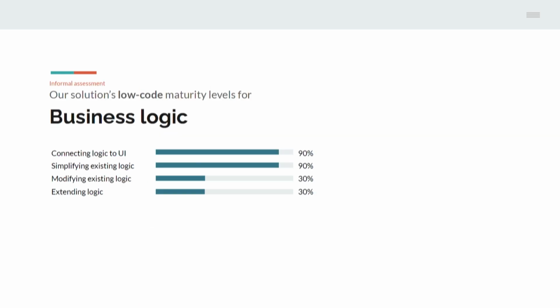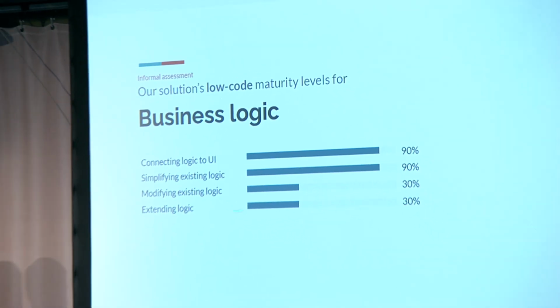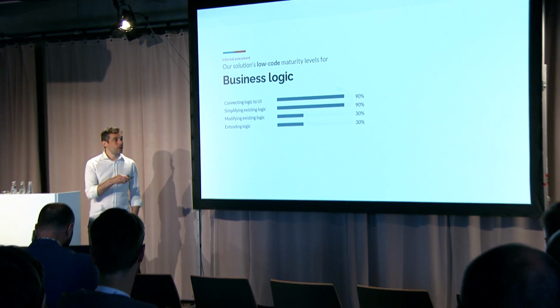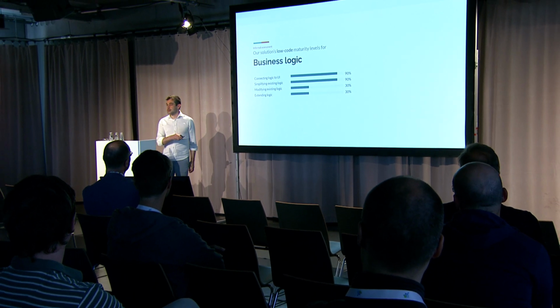How did it go for us on the low-code side? Connecting logic to the UI was fairly easy because of the bindings and all the goodies that we know from the Qt world, and from the way that the state machine is implemented and also exposable to QML. Simplifying existing logic, like the Bluetooth connection example, is also fairly easy because you just need to rewire arrows and things should work.